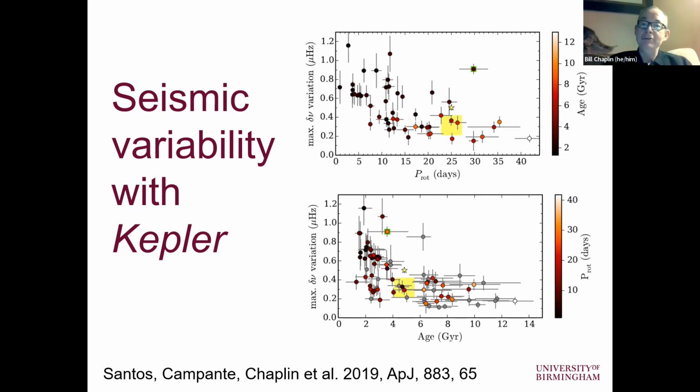So over time, the canonical picture is that these stars start off active and rapidly rotating. Then they slow down over time and get less active. And this is the picture that we're seeing here, right? As we go to the slower rotators, we're seeing a drop off in the seismic variability.